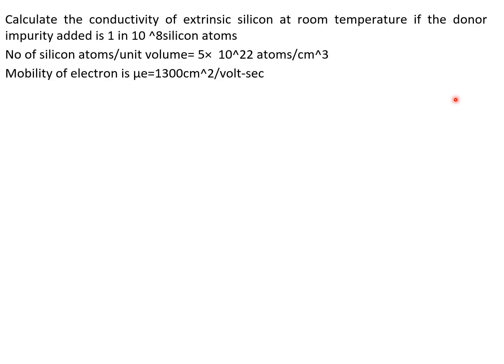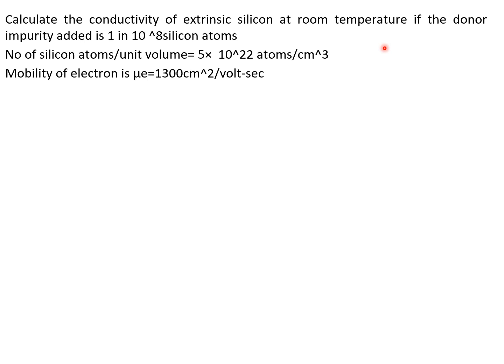Let us see the next numerical. Calculate the conductivity of extrinsic silicon at room temperature if the donor impurity is added in 1 in 10 raised to 8 silicon atoms. Here, the concentration of silicon atoms is directly given, 5 into 10 raised to 22 atoms per centimeter cube.